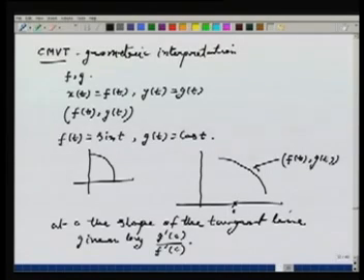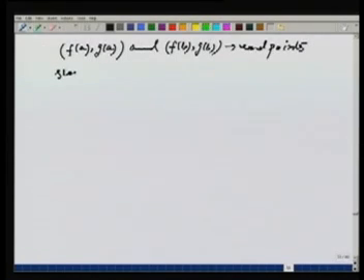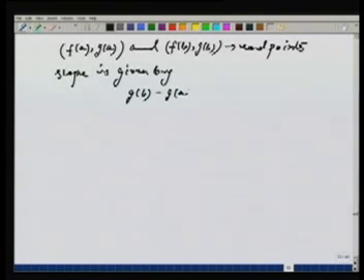On the other hand, if I look at the endpoints which are given by (f(a), g(a)) and (f(b), g(b)), then the slope is given by g(b) minus g(a) by f(b) minus f(a).